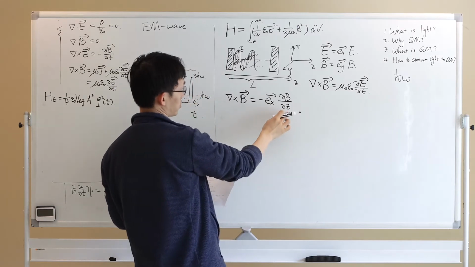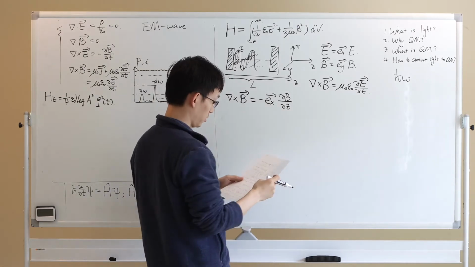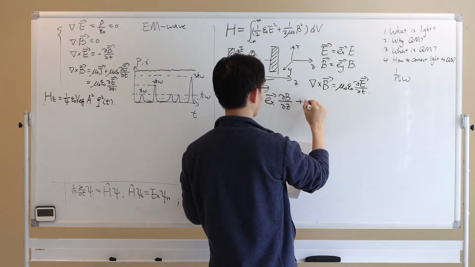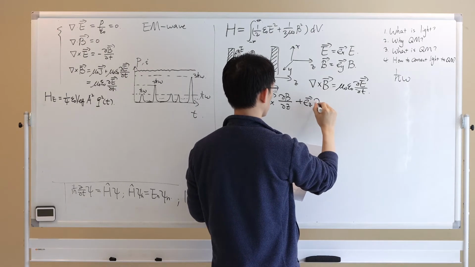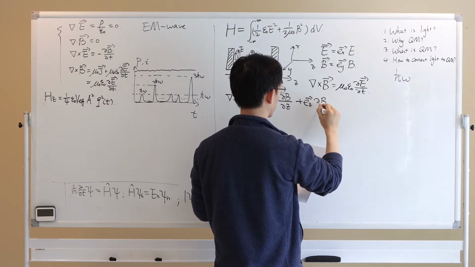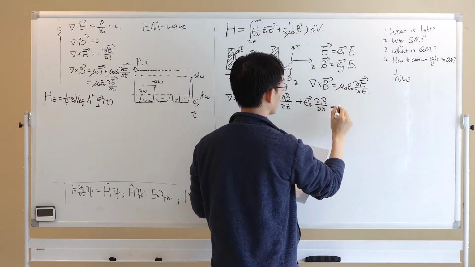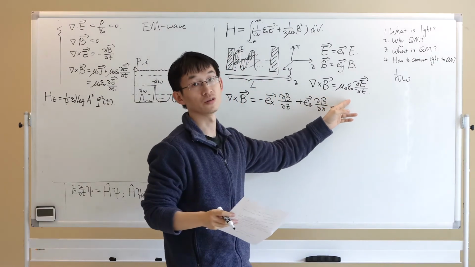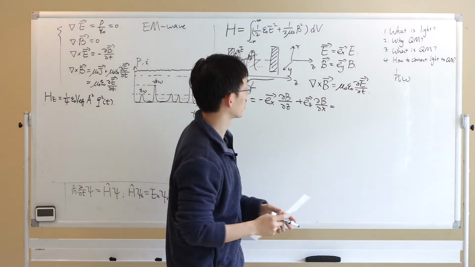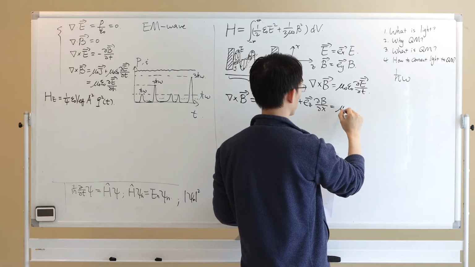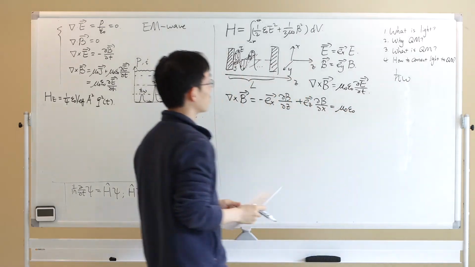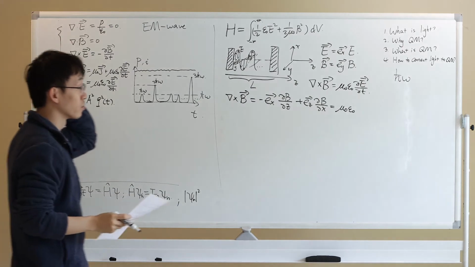On the x direction is a derivative of z, and then on the z direction is a derivative of x. Okay, and then it has to equal to your electrical field, and then derivative of t.